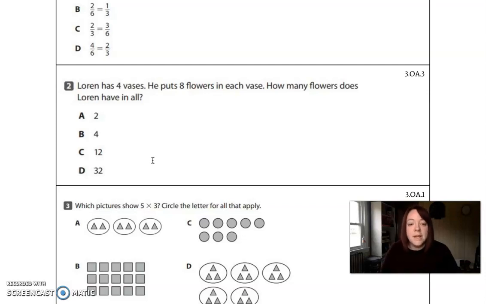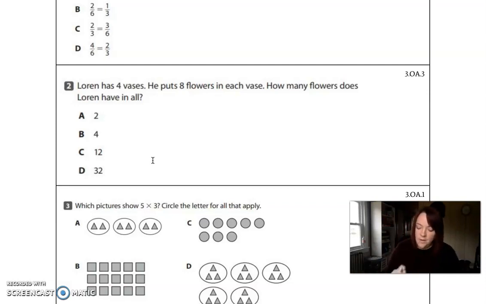Okay. He puts 8 flowers in each vase. So if it says 8 in each vase, does that mean I put 8 flowers in all of the 4 vases, or do I put one flower until I get to 8? If it says each, that means they put 8 in every single one of the vases.